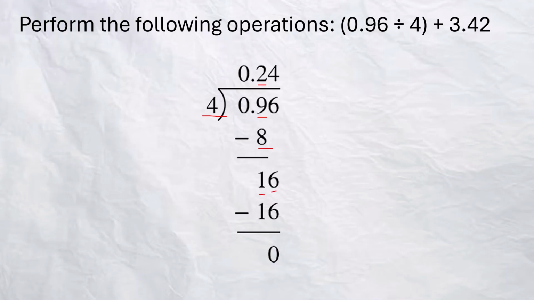Bring down 6. 16 divided by 4 is 4. 4 times 4 is 16. 16 minus 16 is 0. So therefore, the quotient is 0.24.